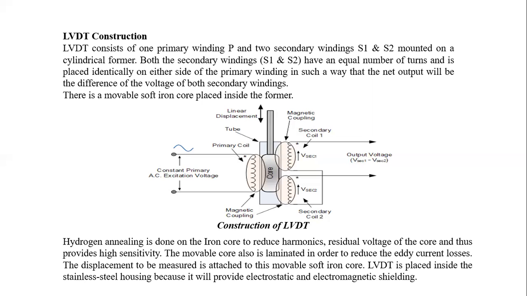The displacement to be measured is attached to this movable soft iron core. The LVDT is placed inside a stainless steel housing because it provides electrostatic and electromagnetic shielding.